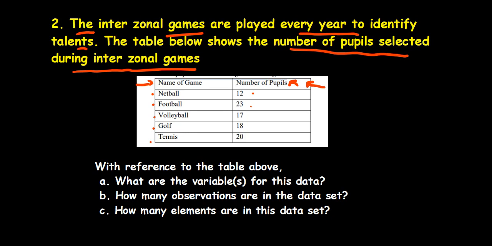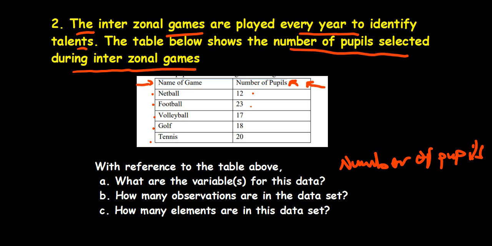So the variable in this data is the number of pupils. Why? Because it can take on different values. This one, the number of pupils, is a quantitative variable, meaning a number is involved.